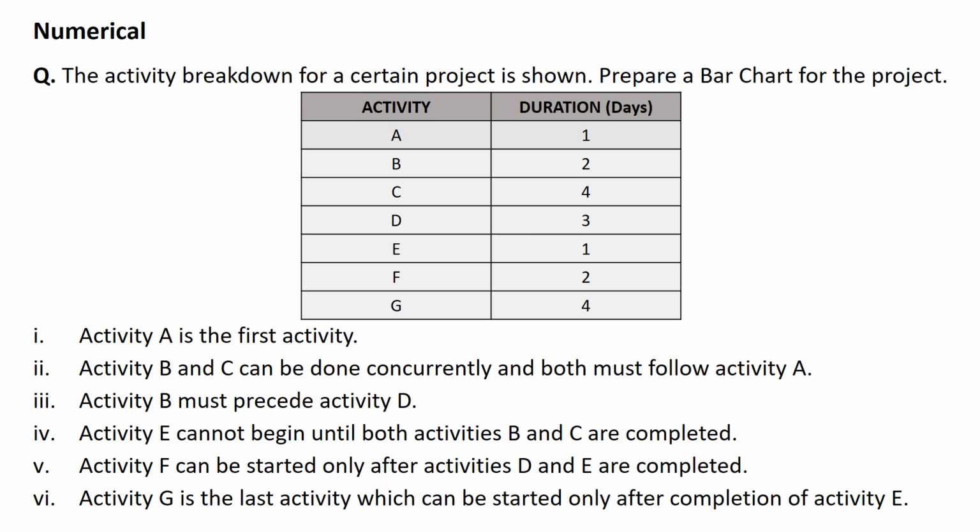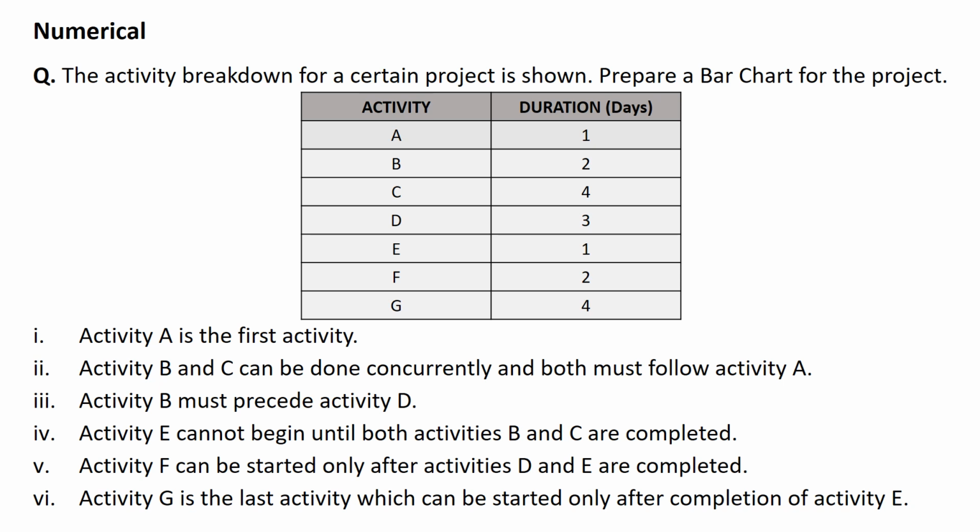The activity breakdown for a certain project is shown. Prepare a bar chart for the project. You can see in the table the different activities are given and the corresponding durations in days. At the bottom we have the different relationships between these activities.